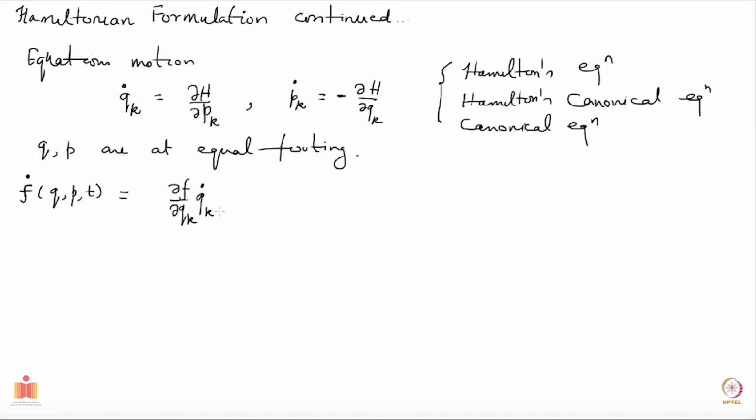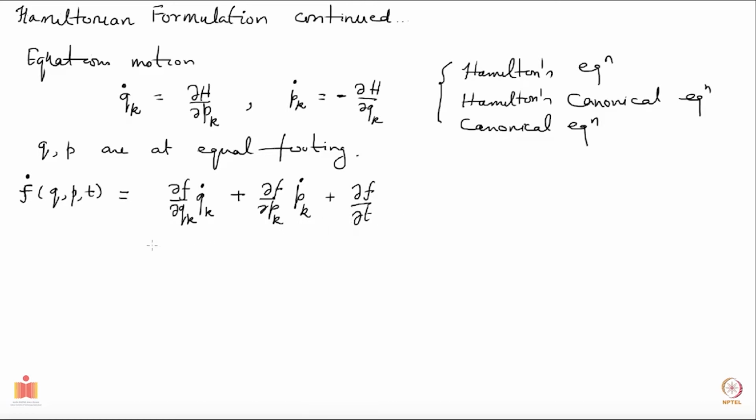There is a summation over k implied. Then you have del f over del p_k, p_k dot. Summation over all the conjugate momenta, and because of the explicit dependence on time, you will have the partial time derivative.